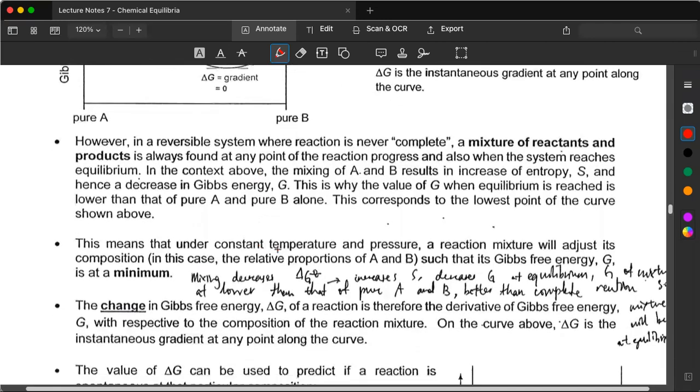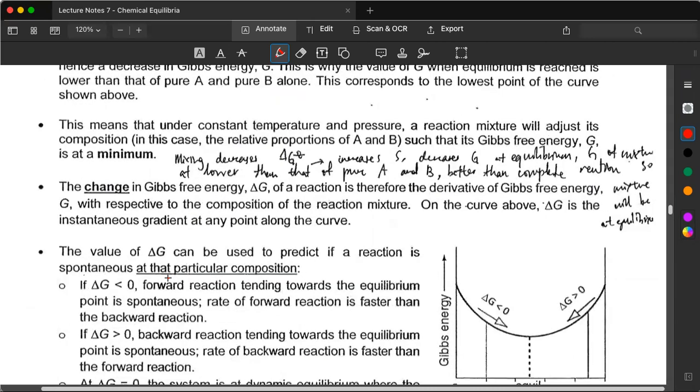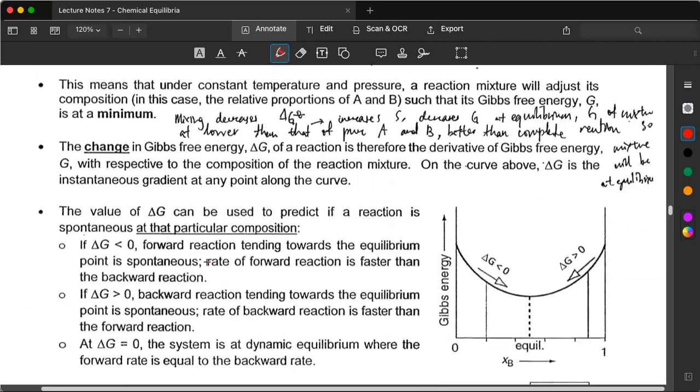Under constant temperature and pressure, the reaction mixture will adjust its composition such that Gibbs free energy is a minimum. The change in Gibbs free energy is therefore the derivative of Gibbs free energy with respect to the composition of the reaction mixture. So on the curve above, delta G is the instantaneous gradient at any point along the curve.